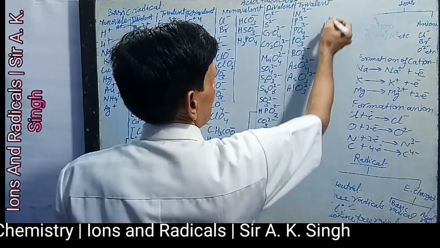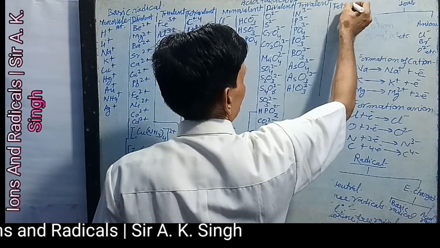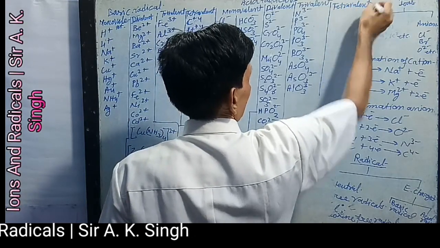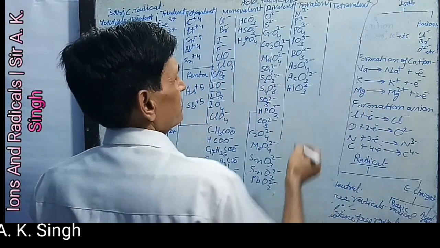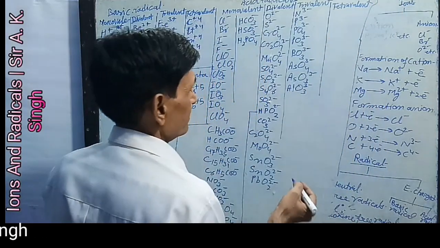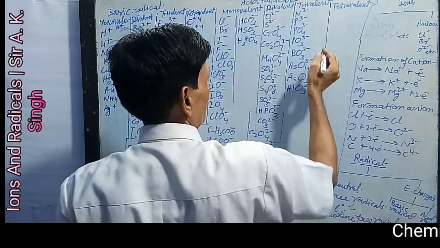And next, tetravalent. Some examples, let us see, which have 4 negative charges.